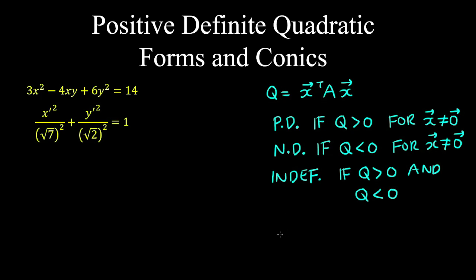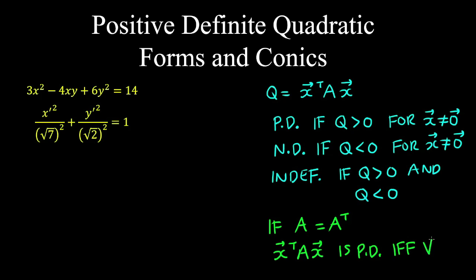Now following on from this, if A is a symmetric matrix, then the product x transpose by A by x is positive definite if and only if all eigenvalues of A are positive.